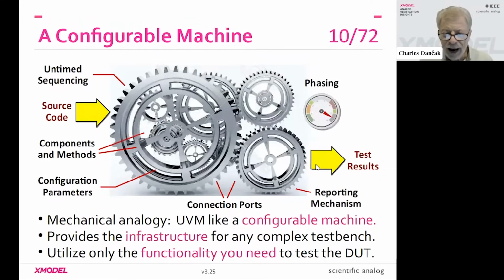Everything else happens almost automatically. The phasing, the configuration database, the untimed sequencing, and so there's a huge amount of functionality here. But the good news, you only need to tap into the functionality you actually need to test your analog mixed signal DUT.